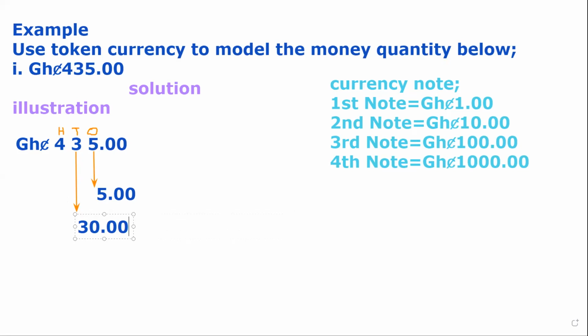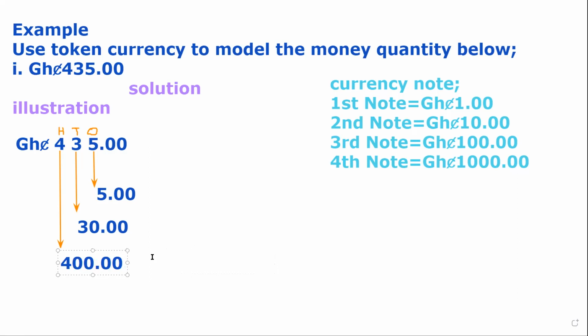Then the 4 here, the real value is the face value times the place value. This 4 occupies the hundreds position, so the real value is 4 times 100, and you get 400 Ghana cedis.